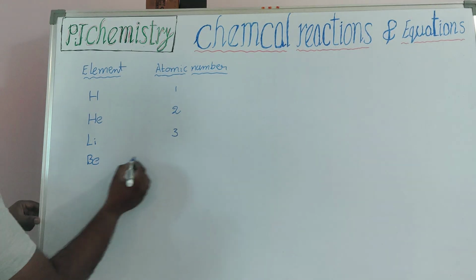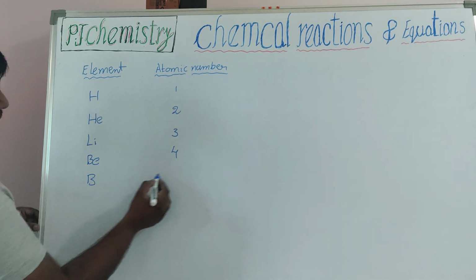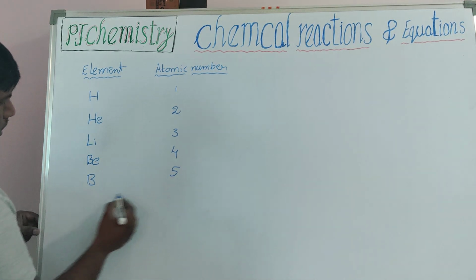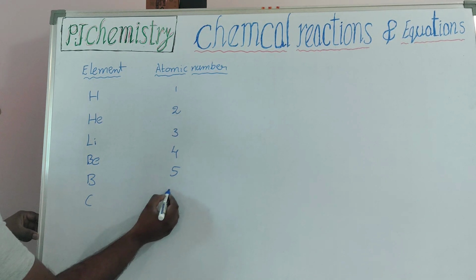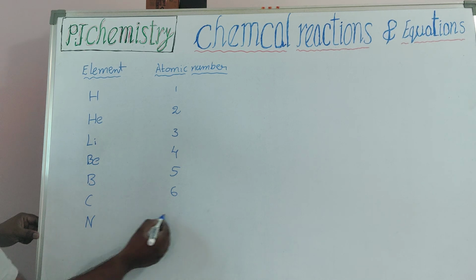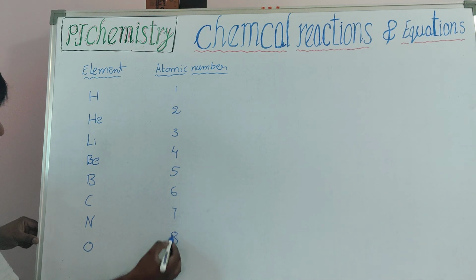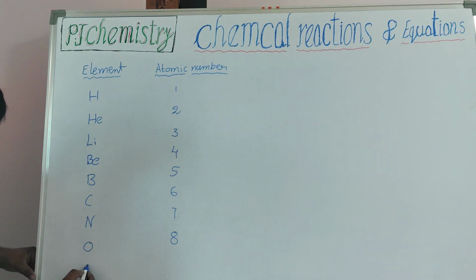Beryllium, Be, boron 5 atomic number, carbon 6, nitrogen 7, oxygen 8, fluorine 9, neon 10.